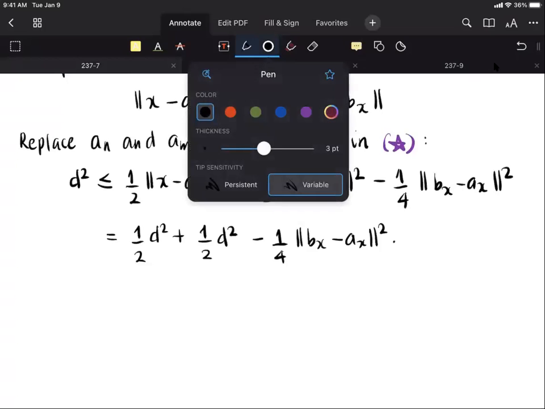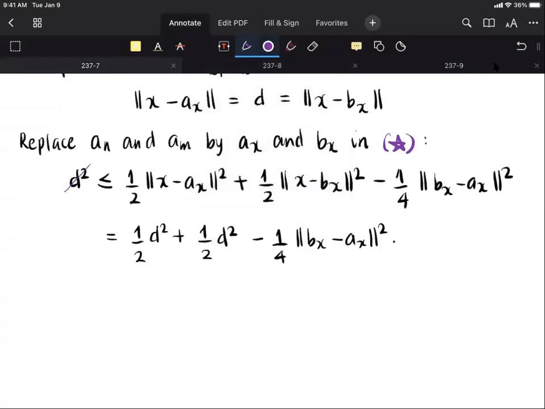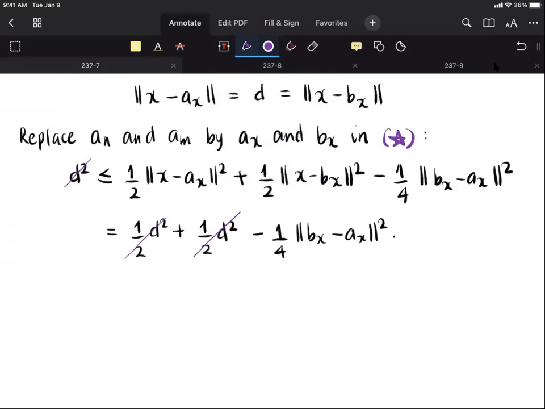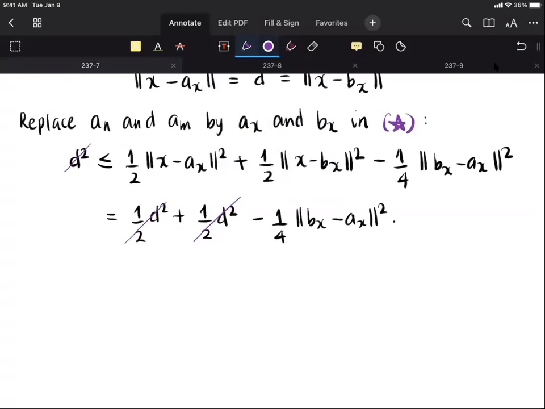Again, you can see that you can cancel d squared on both sides, and then after putting the norm squared on the left hand side, multiplying by 4, and then taking the square roots, we know that the norm is less than or equal to 0.